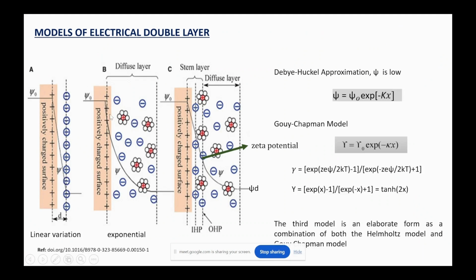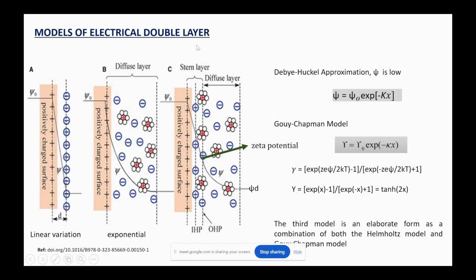If you see here, first we discussed the Helmholtz model, where the variation of the potential away from the surface was linear. Then we discussed the diffusive layer, where we incorporated the inherent random thermal motion of the molecules in the system, and the potential varied exponentially away from the surface.